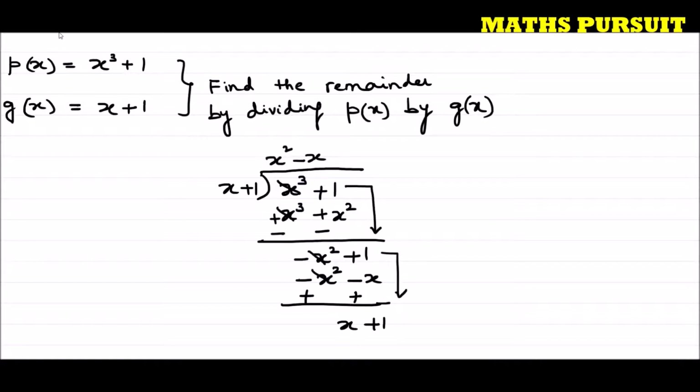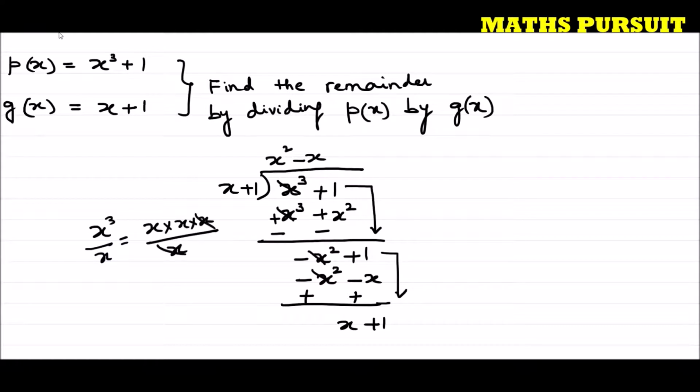Now guys, there is another way. Let's say here we have x cube, or x to the power 3. So x to the power 3 divided by this x: x to the power 3 means x into x into x, divided by x.